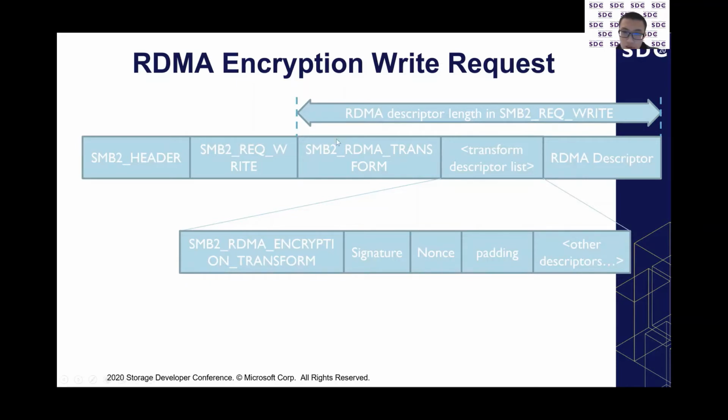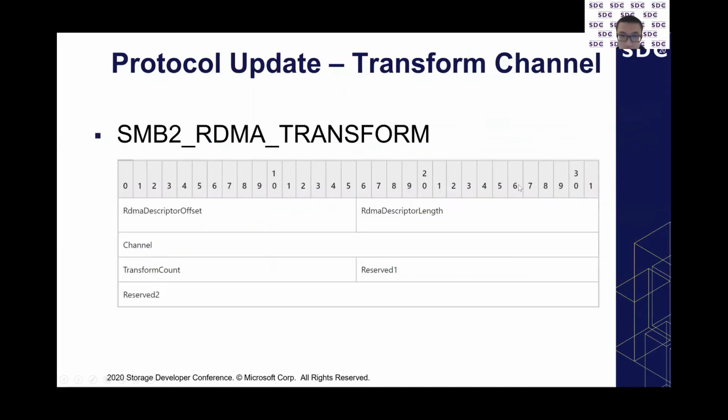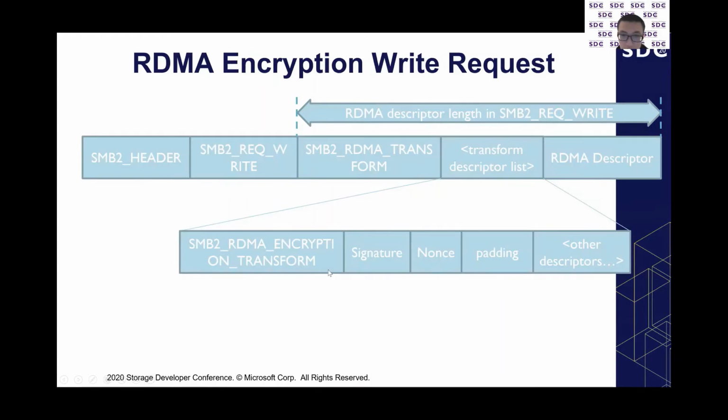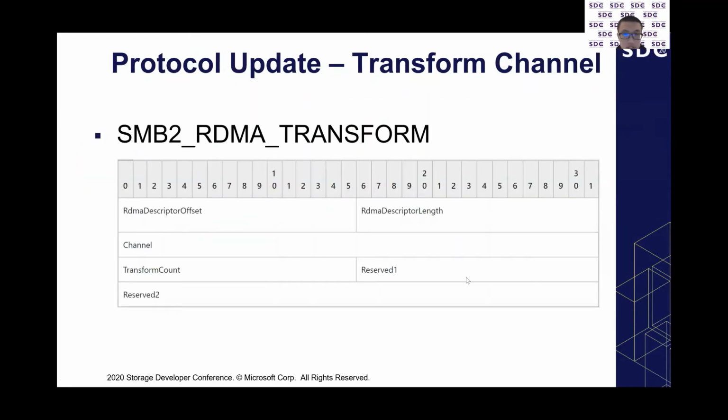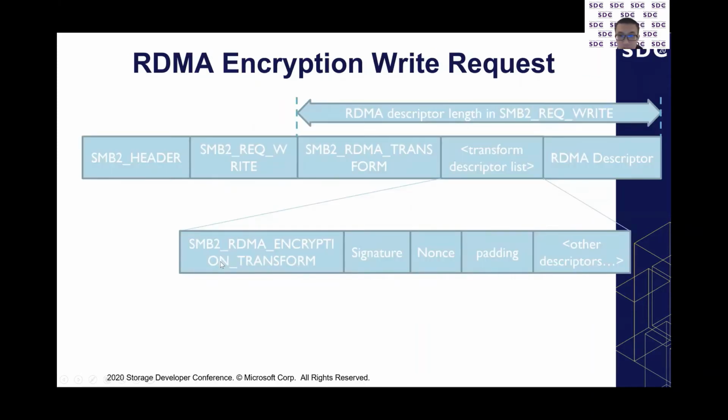The channel value in this struct will also be either V1 or V1 with remote invalidation, which is also consumed by SMB Direct. In addition, we also have a transform count. This is because it is possible to link as many interoperable operations as possible for one message. So the receiver will expect this amount of transforms in this transform descriptor list.